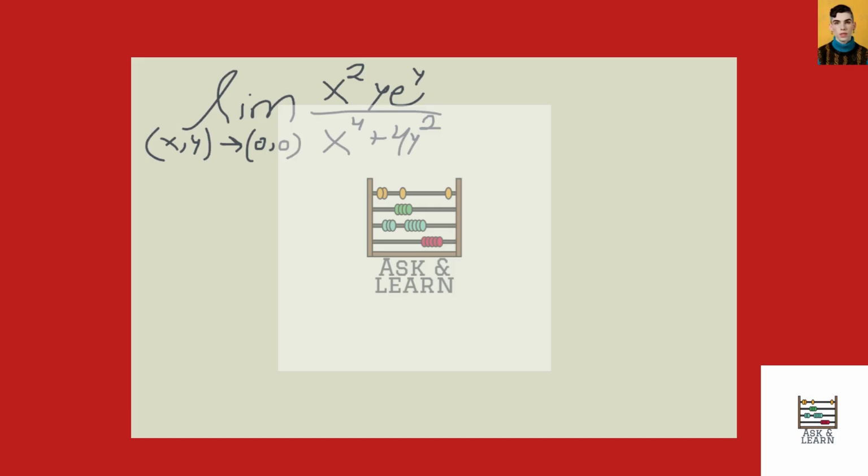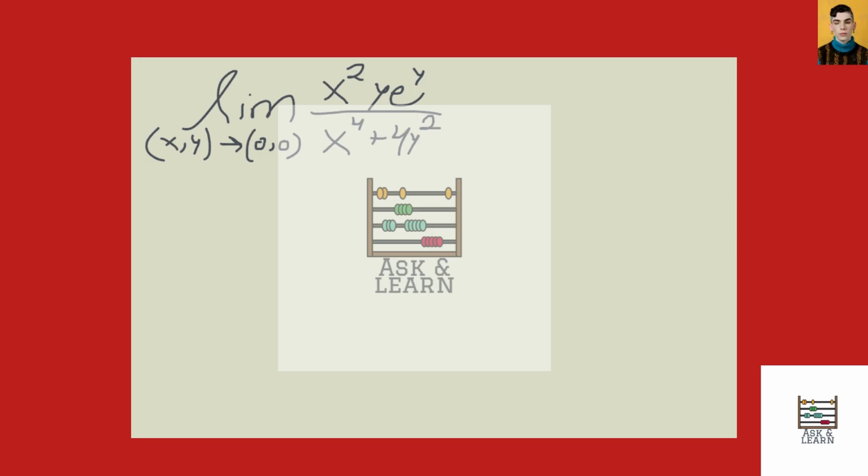So to do this, first, we can try to substitute in (0, 0) for (x, y) to see if it's continuous at that point, in which case that would be the limit.